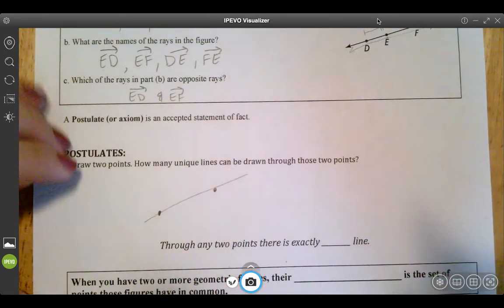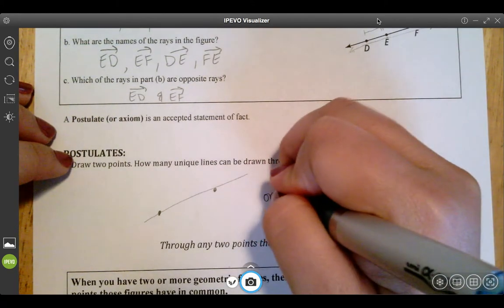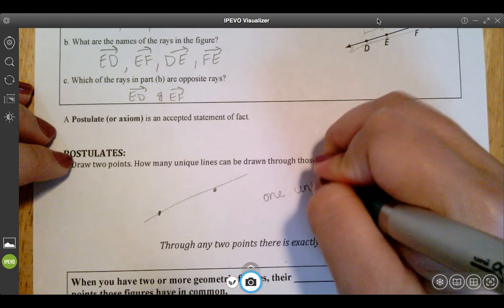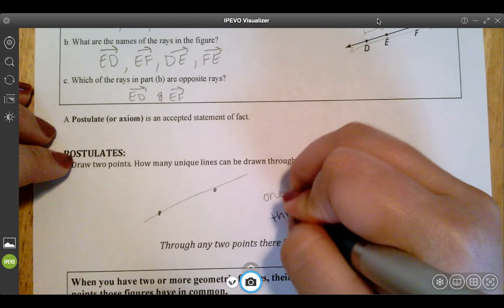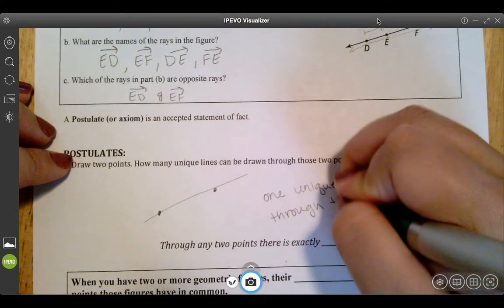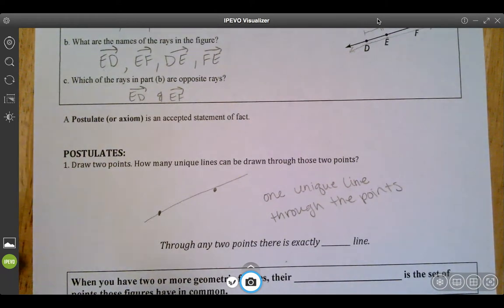So I can only draw 1 line through those 2 points. There's no other line that can go through those 2 points. So there's only one unique line through the points. Or we can state that through any 2 points, there is exactly 1 line.